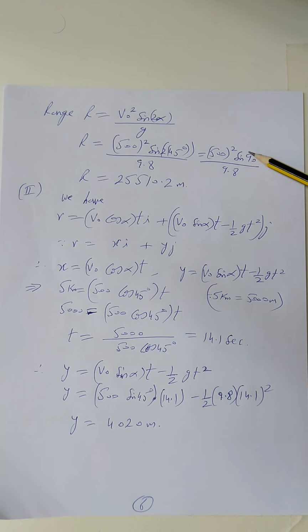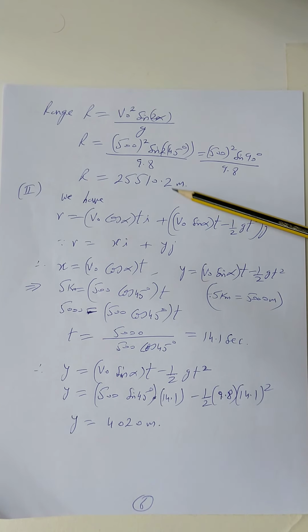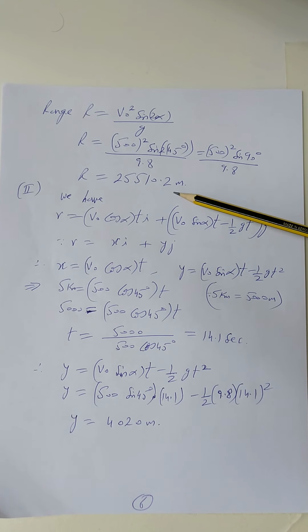Take 500 squared, the value of sine 90 degrees is 1, and divide by 9.8, and you will get 25510.2.